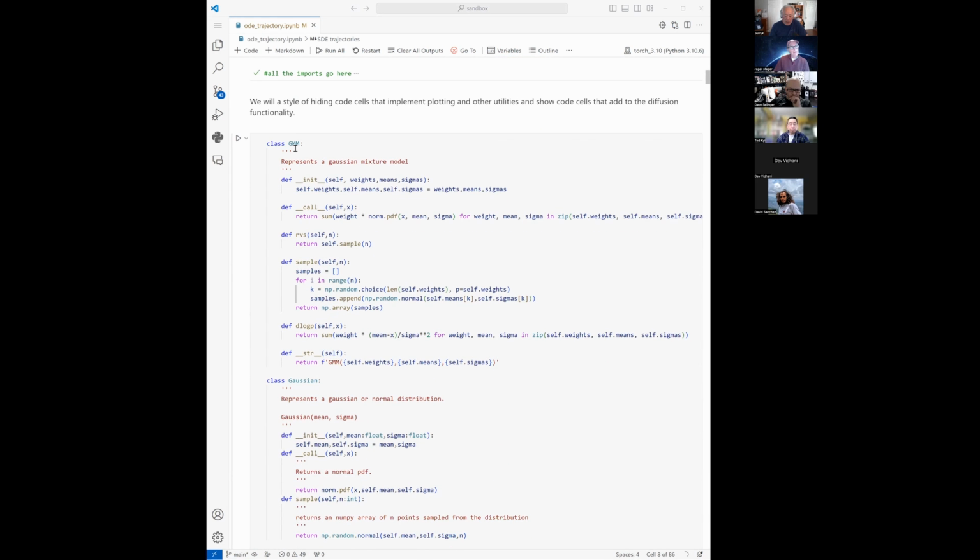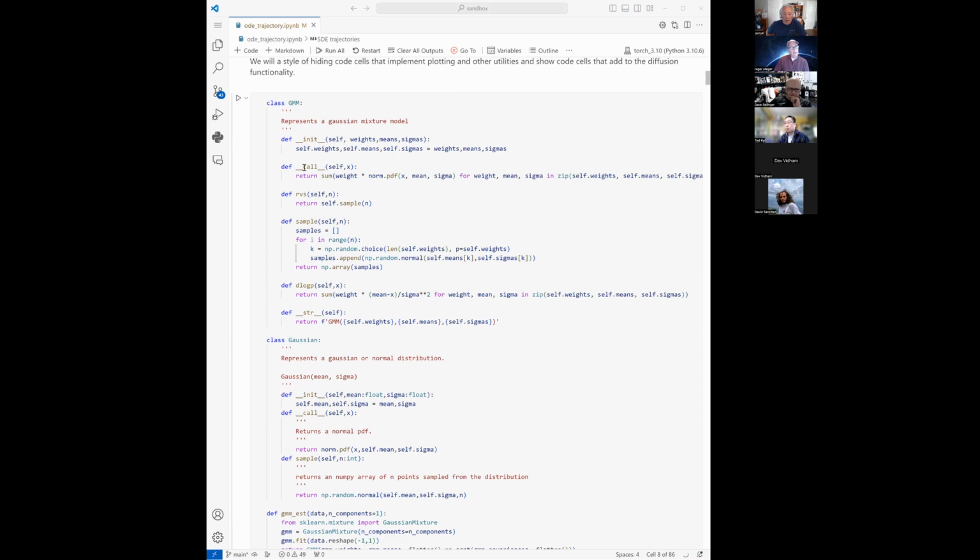There were other implementations of Gaussian mixture models I found later, but I started with this one. Basically, you provide a set of weights, means, and sigmas, standard deviations. If you just call the API that I provide, you're essentially getting the PDF. It takes the sum of a weighted sample of the PDF for each of the weights and means.